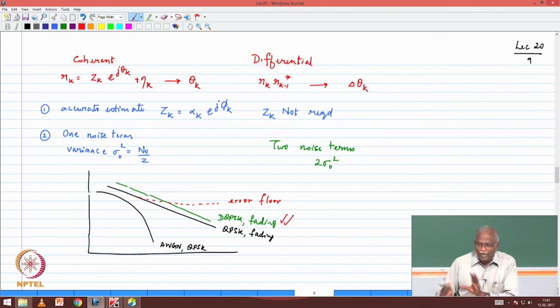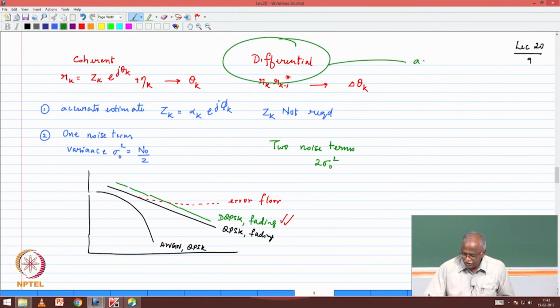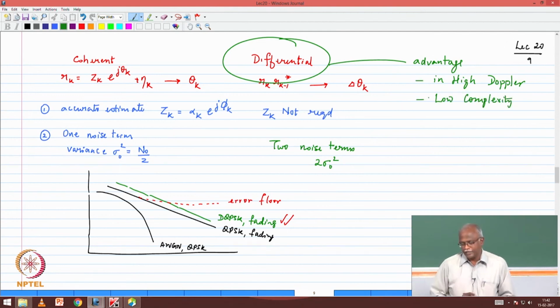So now you know why you are even interested in differential detection. I suppose you would summarize it by saying that the reason you would even consider differential detection is that it gives you a huge advantage in high Doppler, and it is also very low complexity. So if you want a low complexity receiver, these are some criteria that you may want to consider for why you would use differential detection.